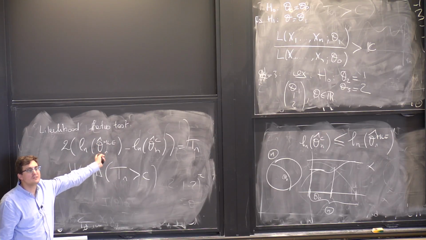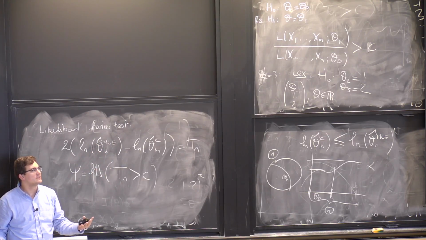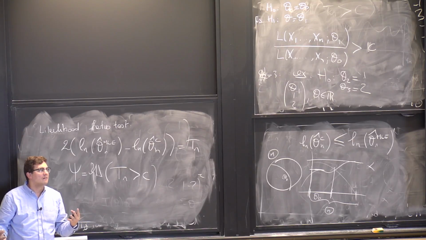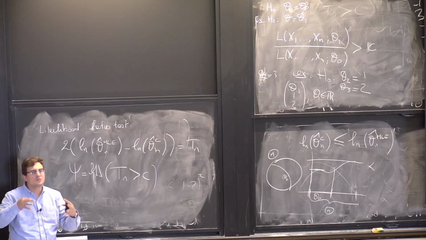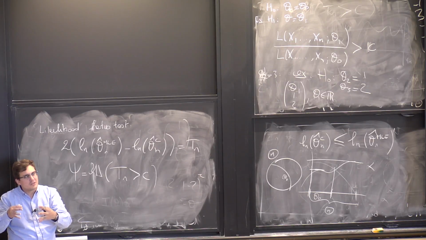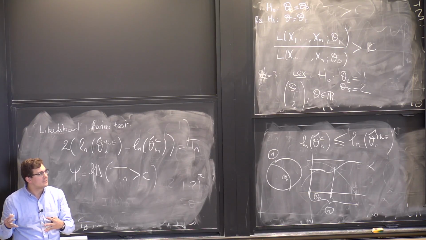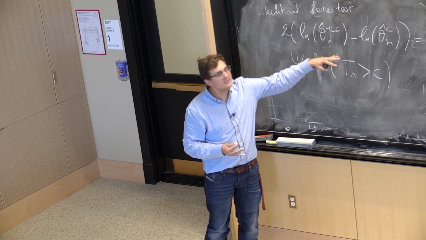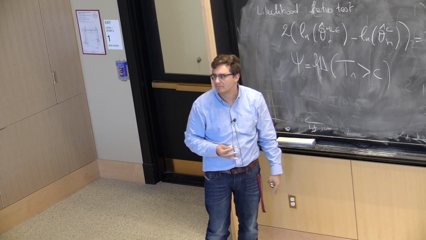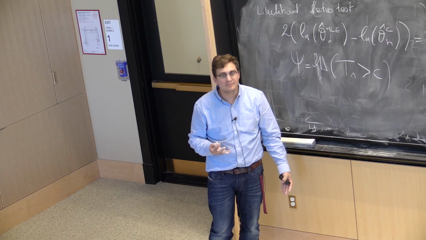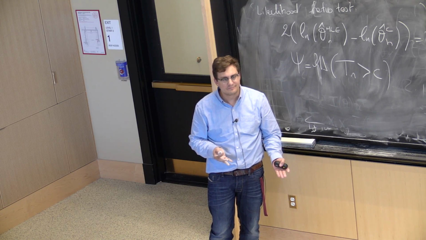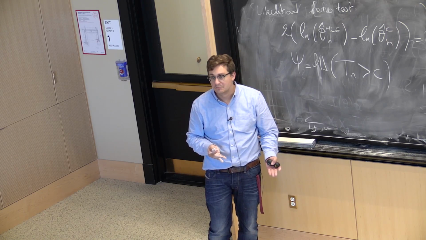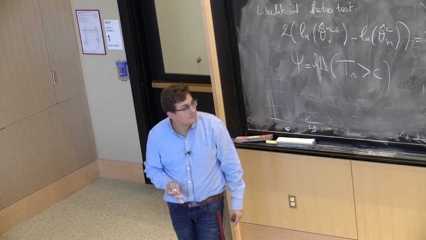The Tn is the difference of log likelihoods, whereas before the Tn was theta hat minus theta naught transpose, the Fisher information matrix, theta hat minus theta naught. And there's no reason why this should be of the same form. Now, if I have a Gaussian model, you can check that those two things are actually exactly the same, but otherwise, they don't have any reason to be.